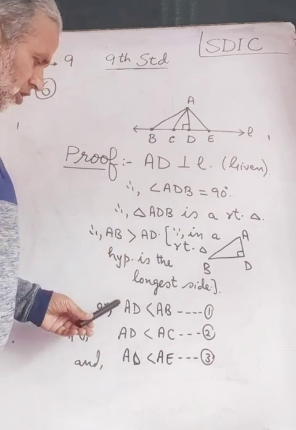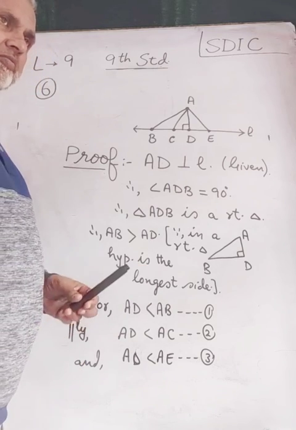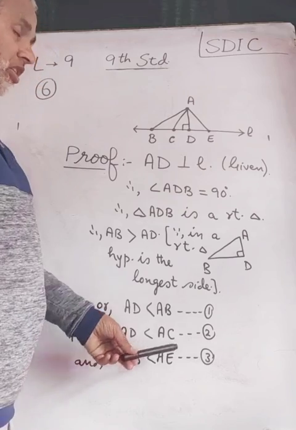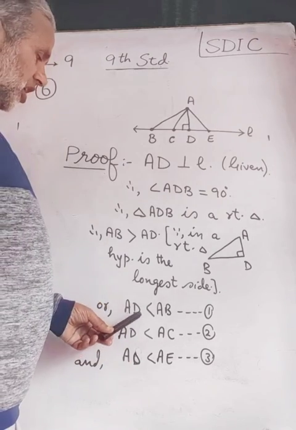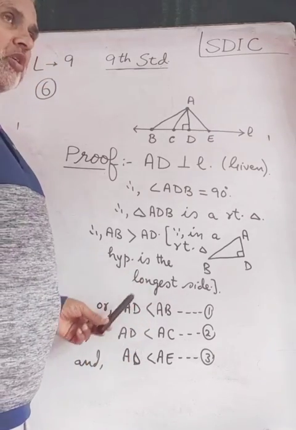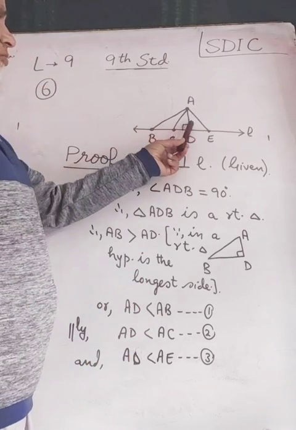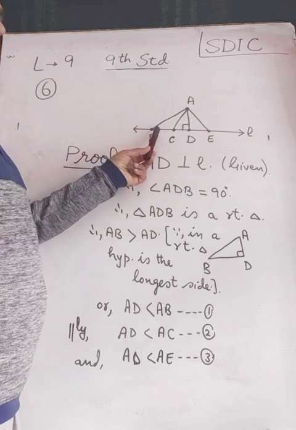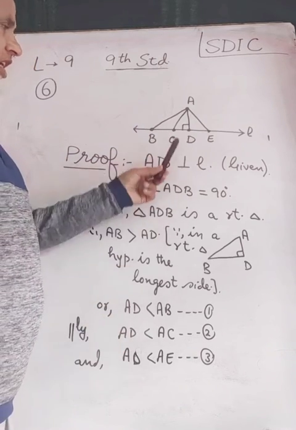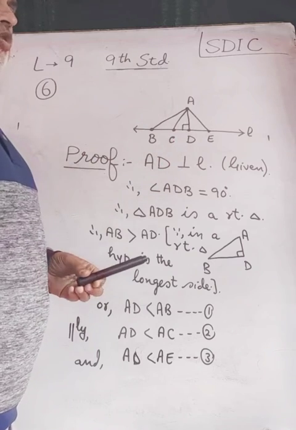We find AD is common in all these three results. AD is shorter than AB, AD is shorter than AC, AD is shorter than AE also, which means AD is the shortest of all these segments that we have drawn. We have here drawn how many segments? 4. Out of all these 4, AB, AC, AE and AD, AD is the shortest segment.